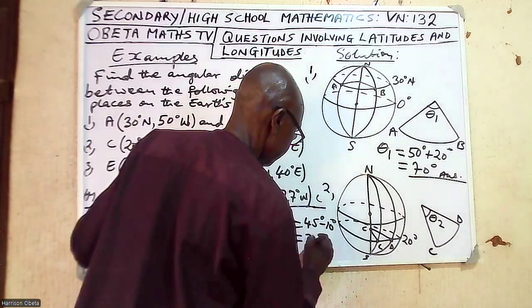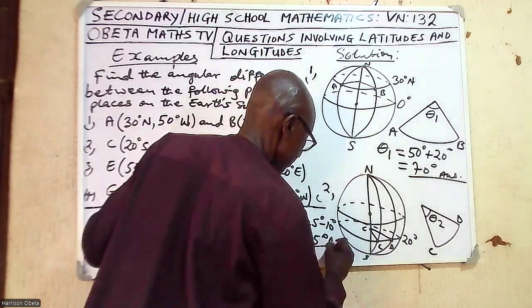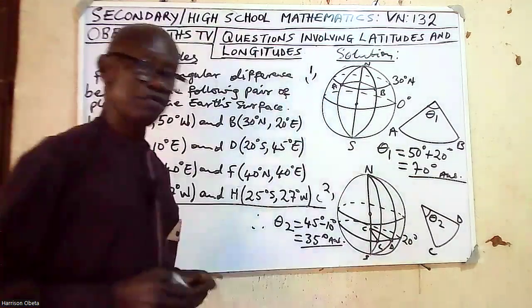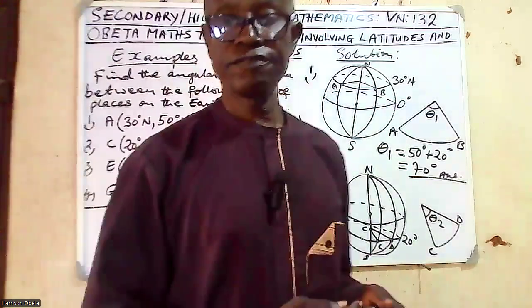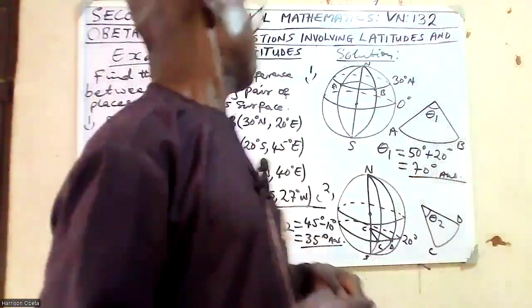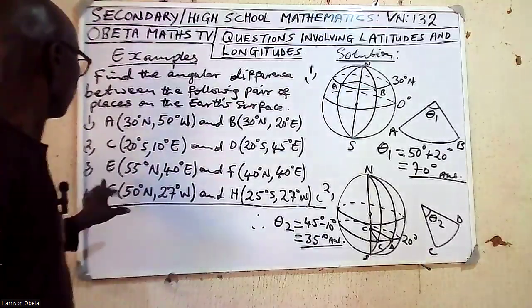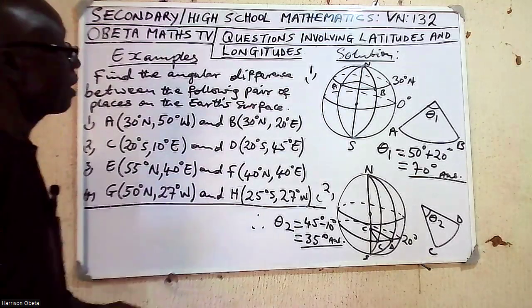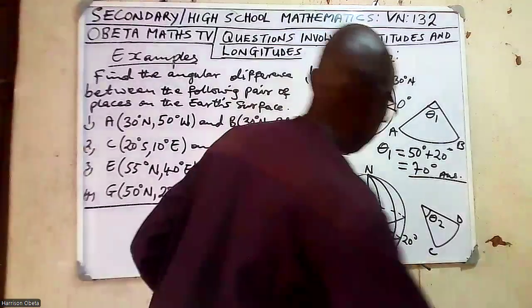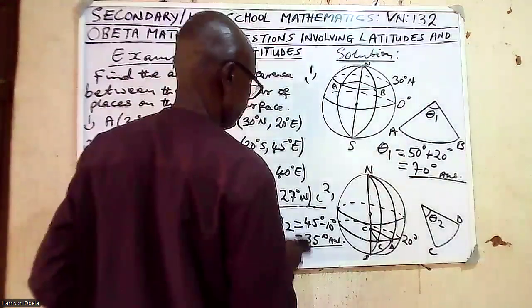That will give us 35 degrees. So we have solved number 1 and number 2. We are now going over to number 3 and number 4.